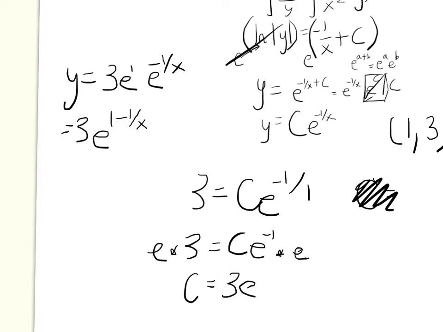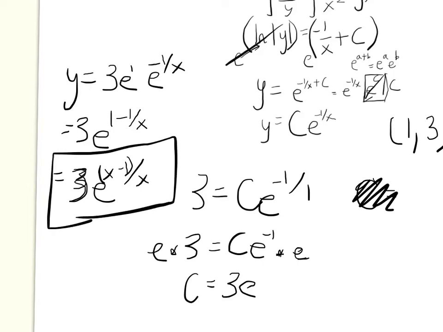If we want to put that into one single fraction, we would get 3e to the (x minus 1) over x. Okay, all right, that's a final answer that's cute and tidy. And now I know my writing is not that great, but let me fix that. There we go, 3. Okay, any questions on that one?